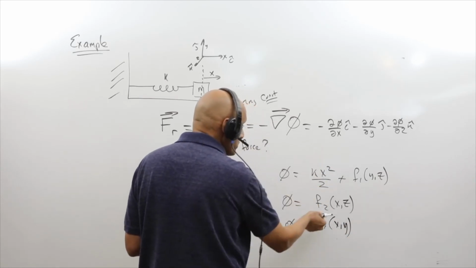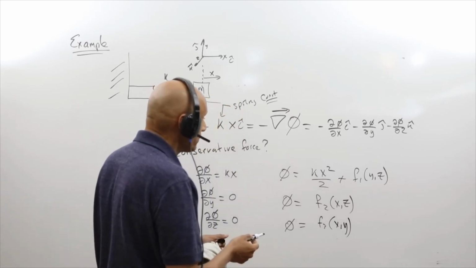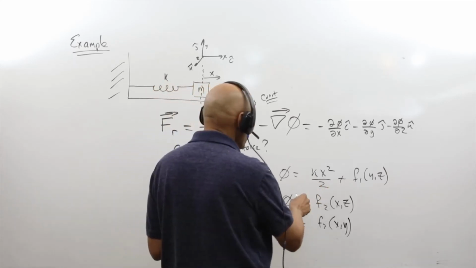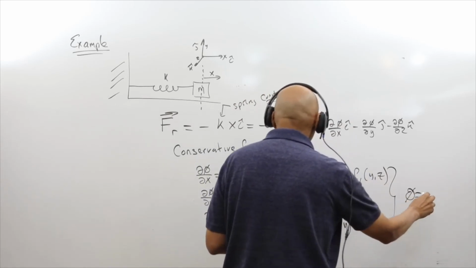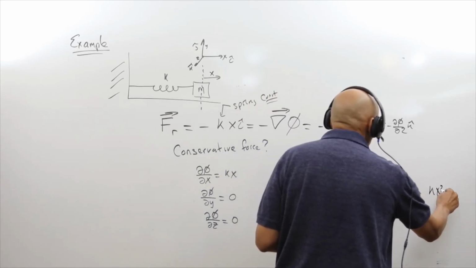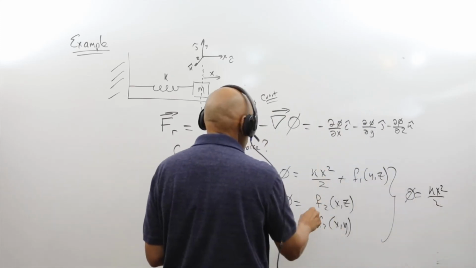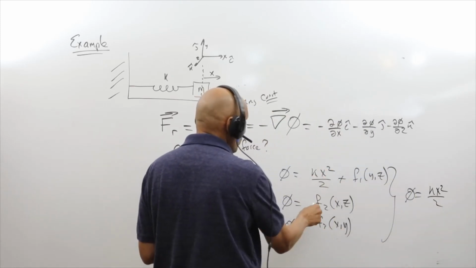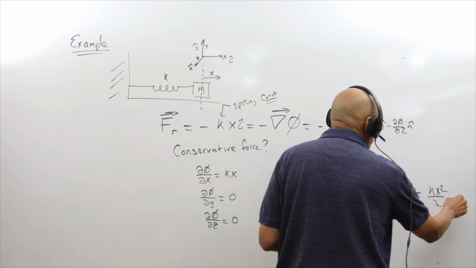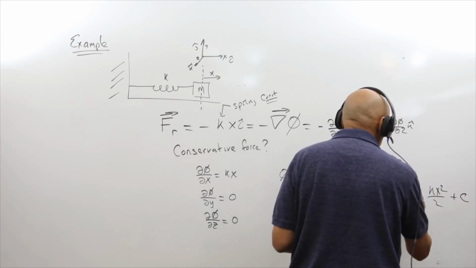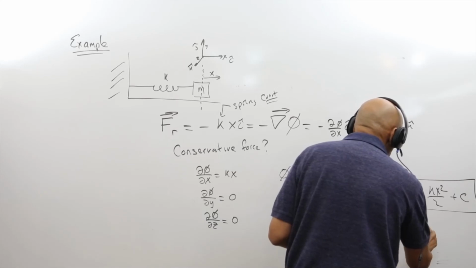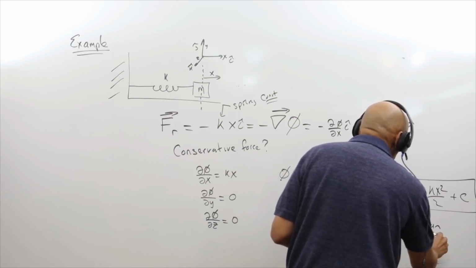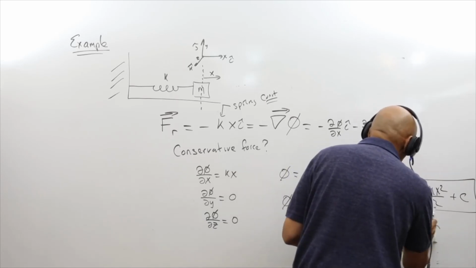For all three of these to match, if you think very carefully, we can say that phi is equal to kx squared over 2, which is the element that's here. There's no y, there's no z. And so plus a constant, a physical constant. So this is called the potential function, or simply potential.